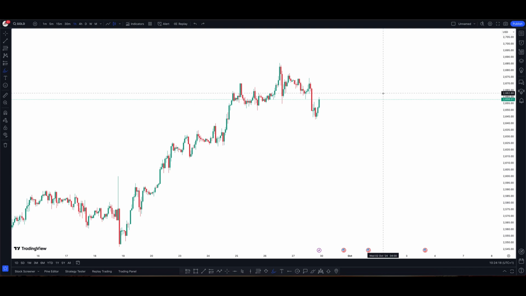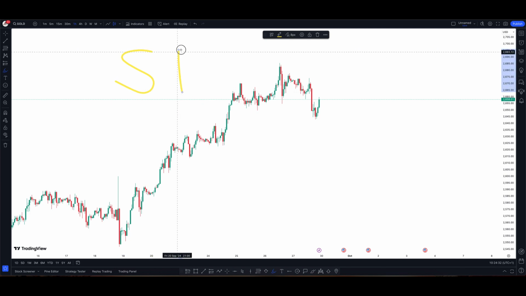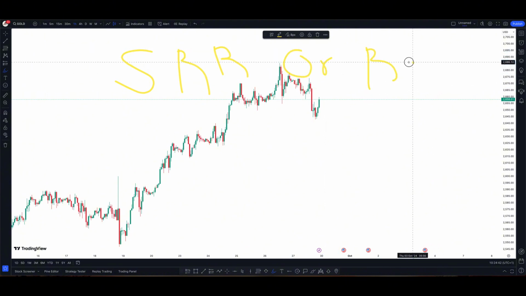Today I will teach you guys this setup. It's called SRR or RSS.